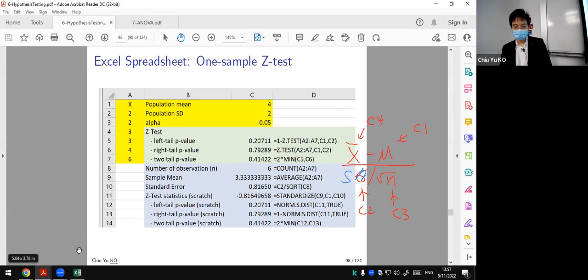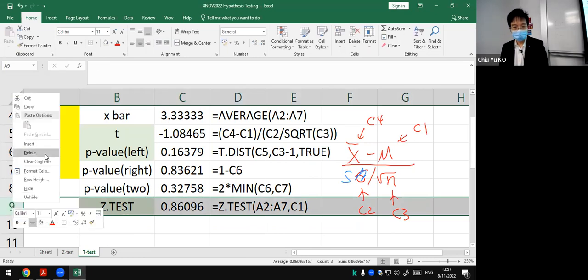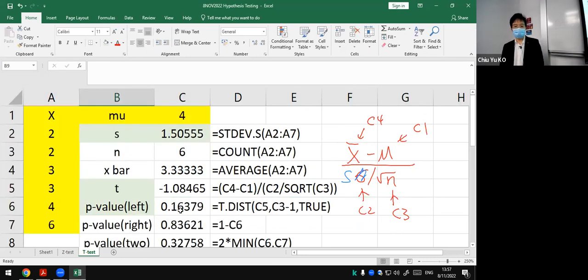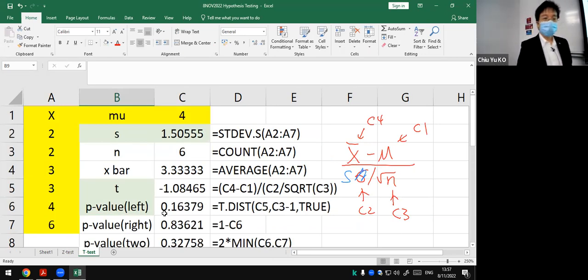There's some difference because the Z.TEST doesn't give you this line, so maybe I just don't use this one, to make sure they don't confuse. So for T, you have to do it from scratch. This is how you get the one sample Z.TEST and one sample T.TEST. Any question?